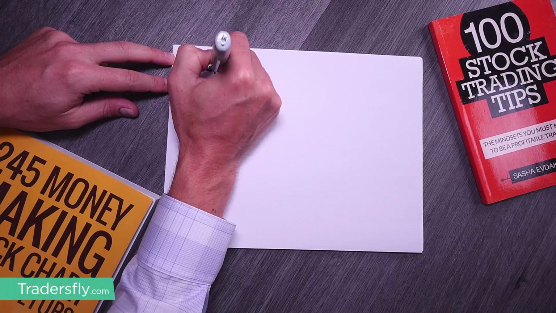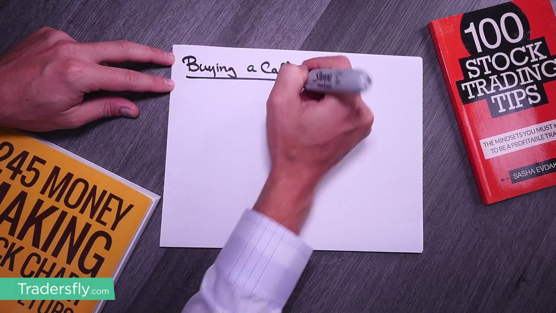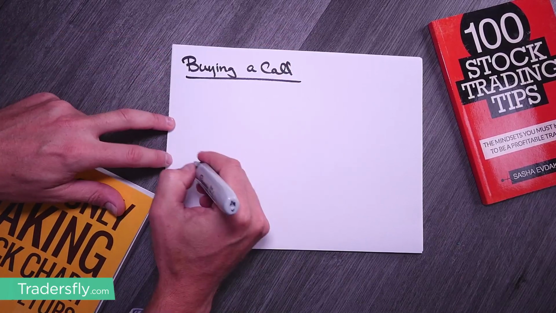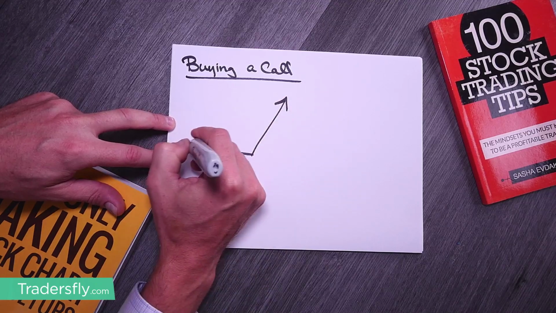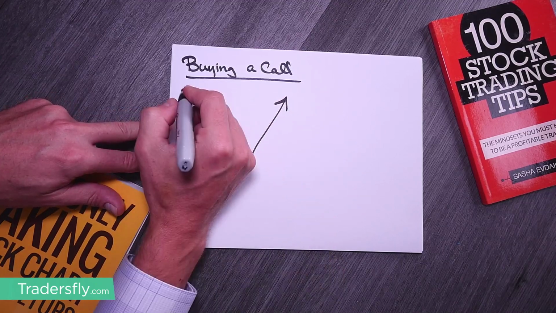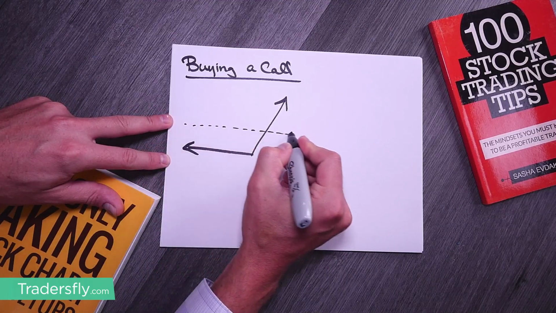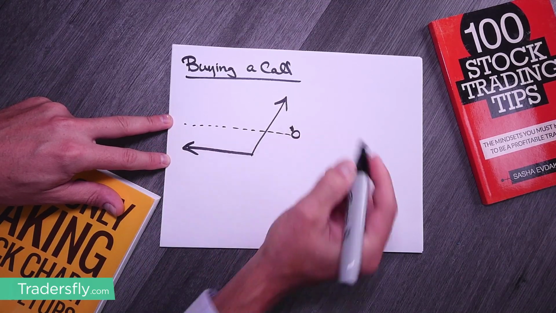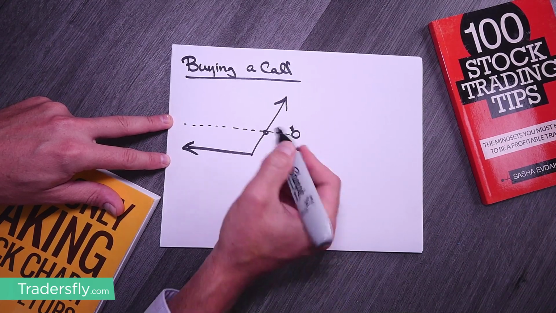Buying a call is probably the easiest thing that people think about or do when it comes to trading options. When you buy a call, this is the risk profile picture that you'll see. If you don't know what a risk profile picture is, it's basically your profit and loss. This is your zero line, meaning you don't make or lose money at expiration.